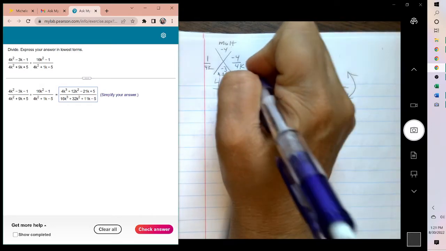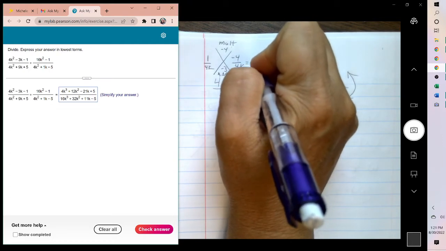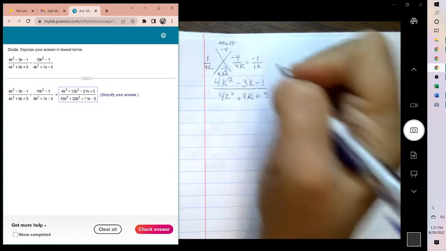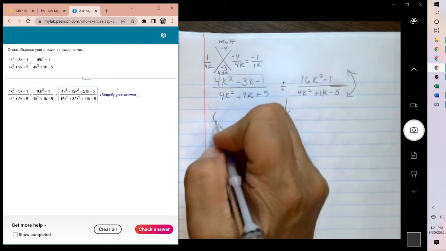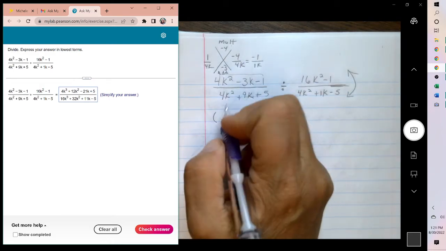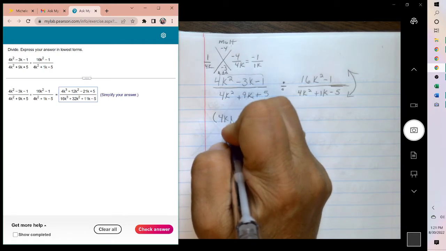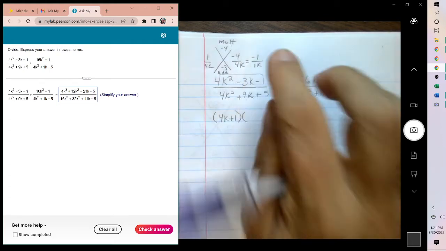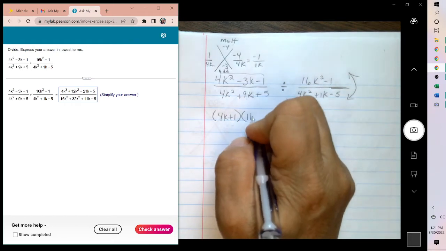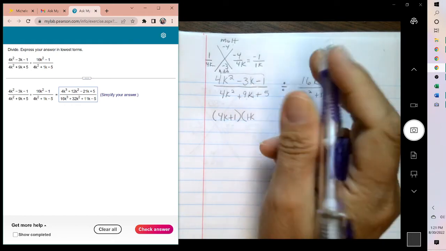It'll reduce by 4, so we have -1 over 1k. That means this one factors into 4k plus 1, and this one is 1k minus 1. Of course, since it's a 1 in front of the k, you don't have to show it.